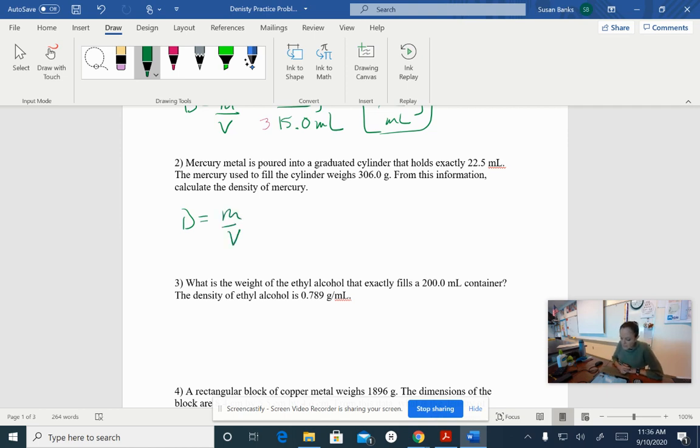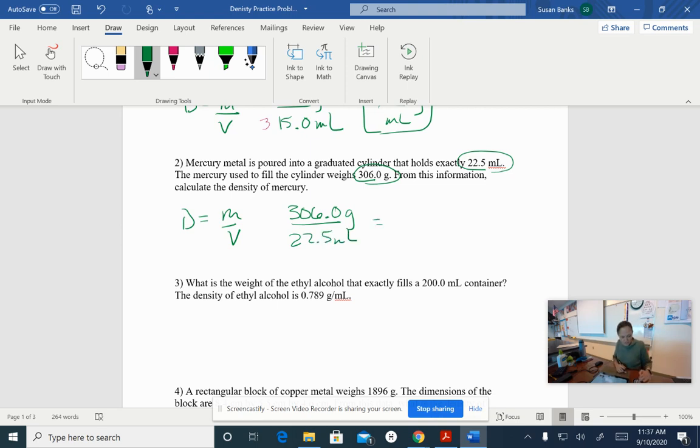So once again, mass is always given to us in some form of grams. So we're going to put that on top, 306.0 grams. And volume is usually given in some form of liters. Here we have milliliters. So we're going to have 22.5 milliliters, okay?